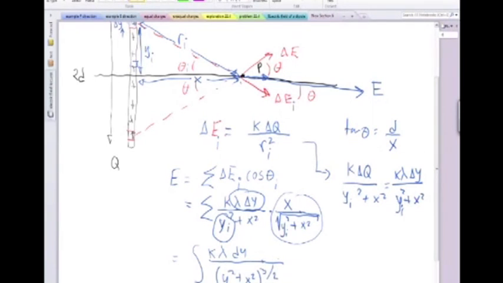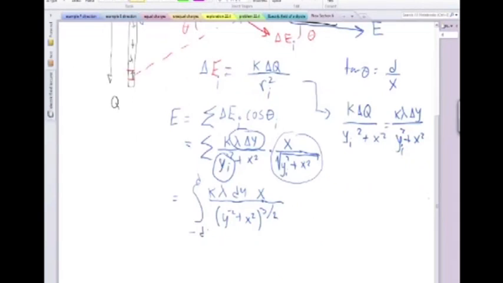And there's an x up here. And you're adding this expression from minus d to d. Okay. So the final expression, I'm not going to do the integral here, but the final expression is this one.